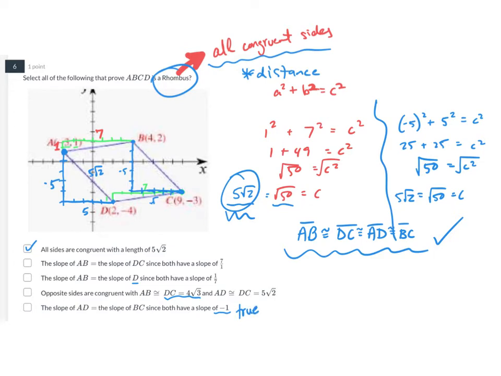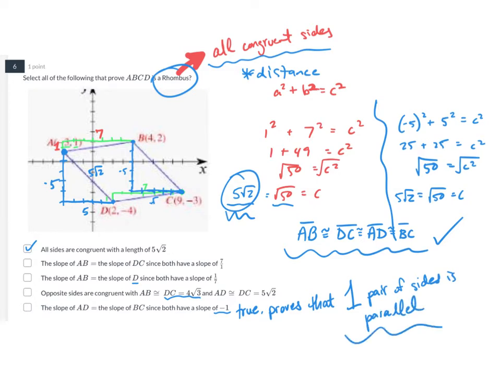True, but that doesn't prove that it's a rhombus. That proves that it's a parallelogram. So I'm going to write that it only proves that one pair of sides is parallel.